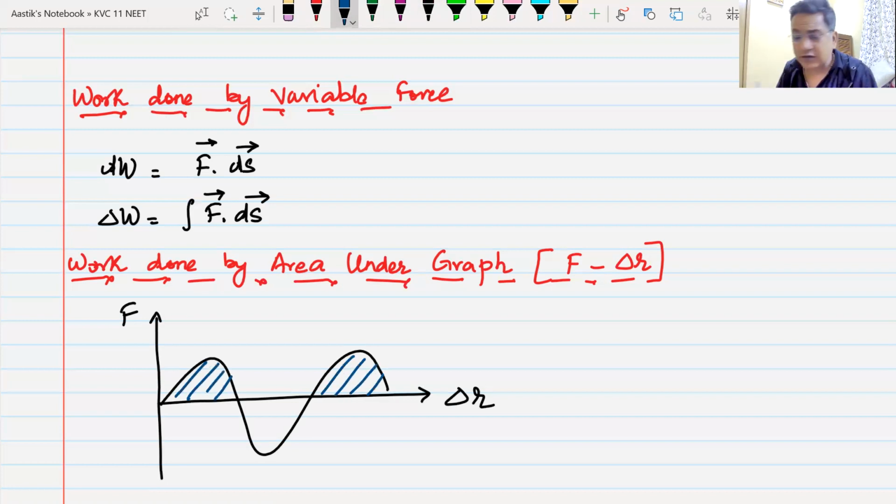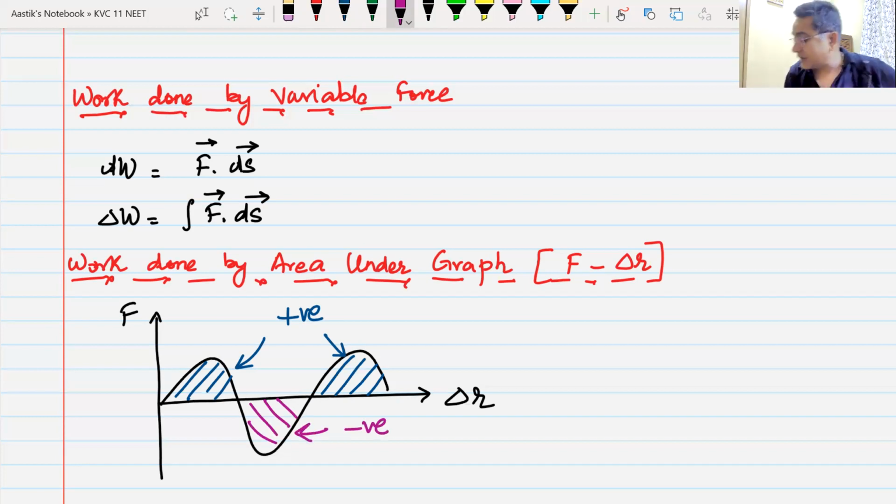Remember, area under force displacement graph will give you work done. The area which is above the x-axis will be taken as positive area. Work done will be considered as positive, and the area below x-axis would be taken as negative for the calculation of work.